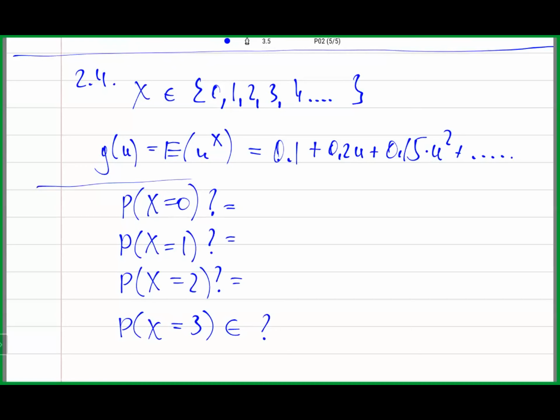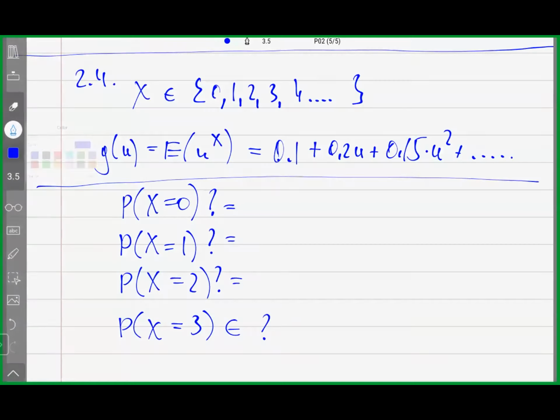I think it would be easy if you understand something in our previous discussion. What is the probability that X is equal to 0, where is it? Anyone?